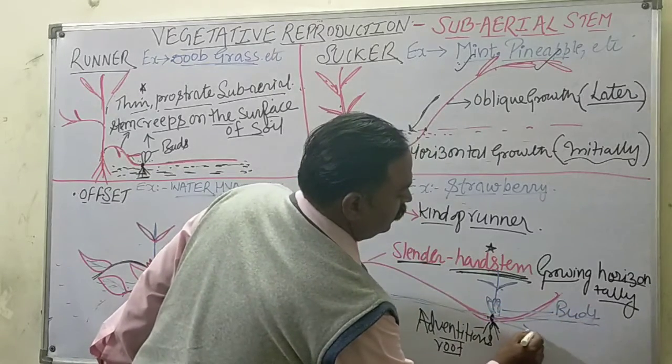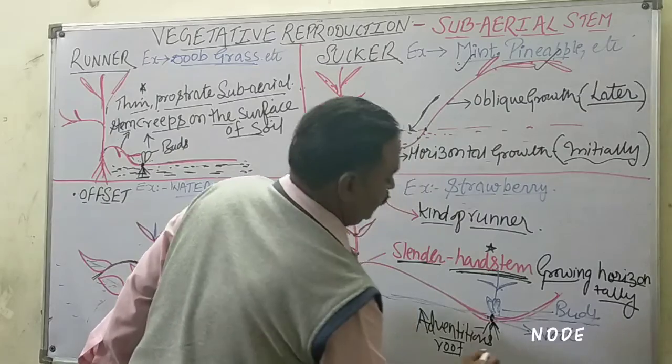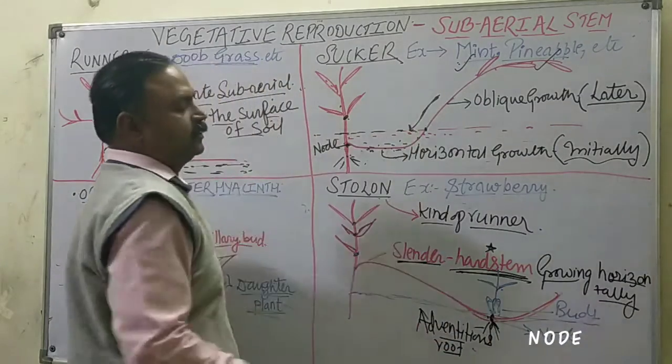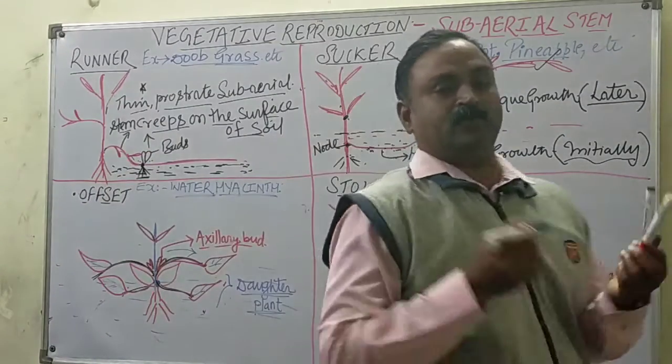This is the node. From the lower surface of the node, adventitious roots develop, and the upper surface gives rise to buds that develop into new plants.